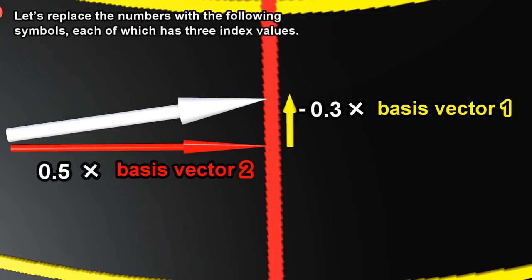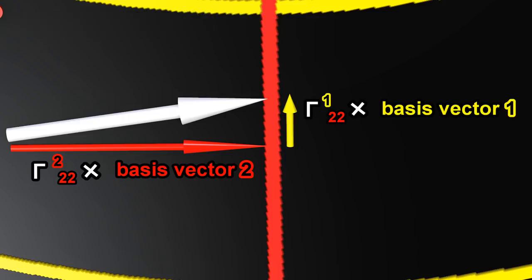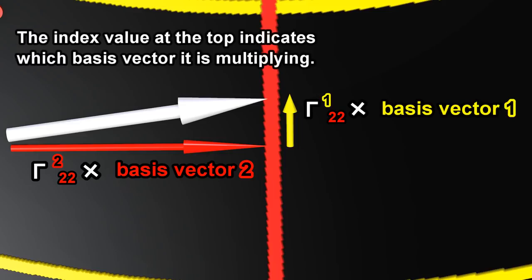Let's replace the numbers with the following symbols, each of which has 3 index values. The index value at the top indicates which basis vector is multiplying.